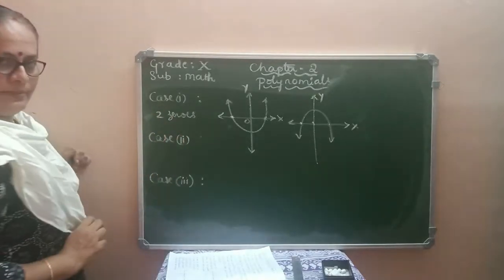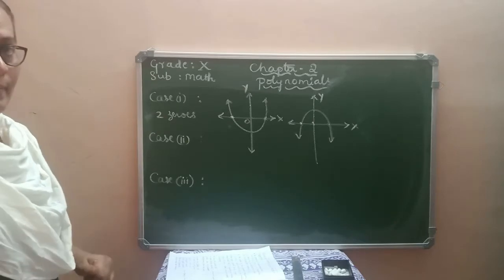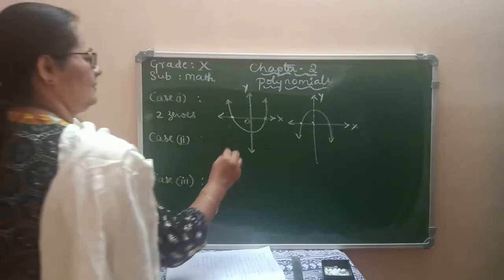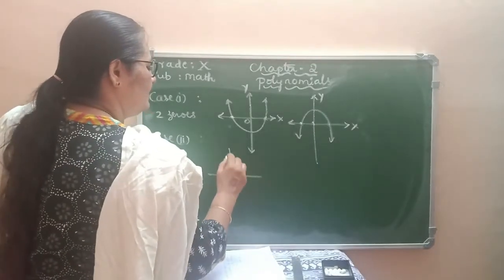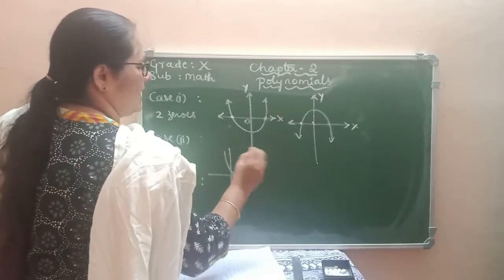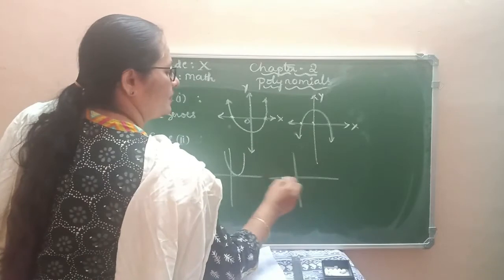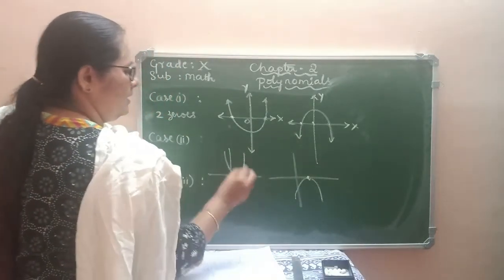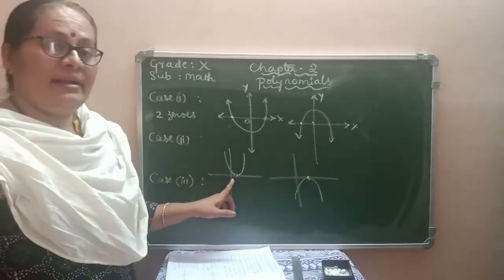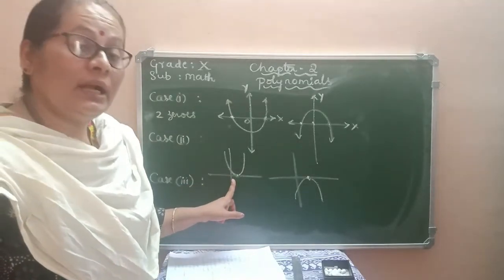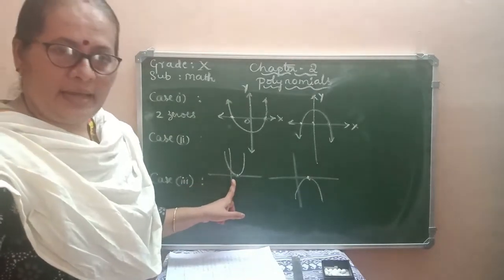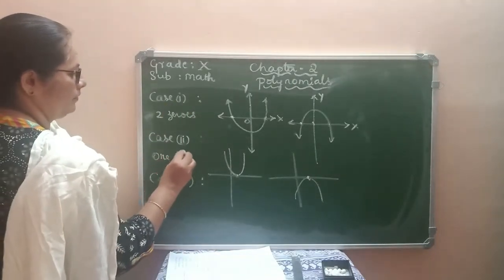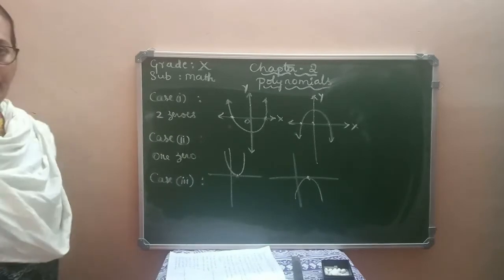Two zeros. In the second case, what happened? The parabola just touches the x-axis like this. So here we get two identical zeros, two equal zeros considered as 1 zero.